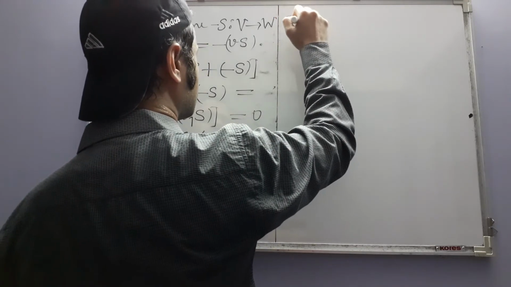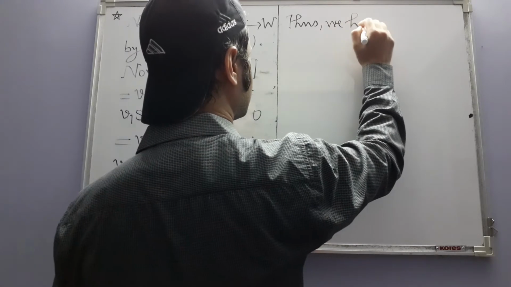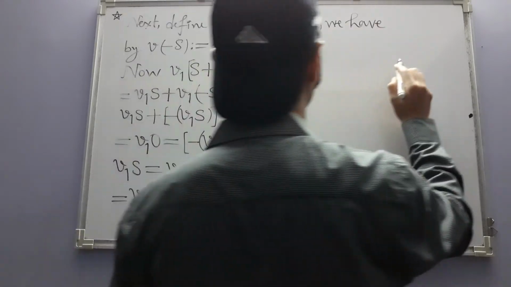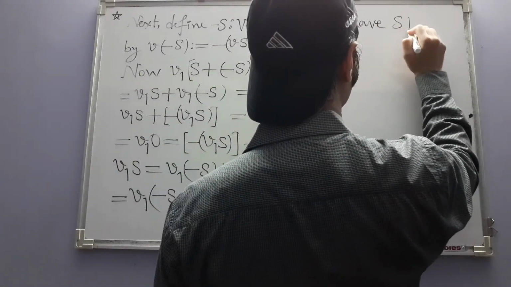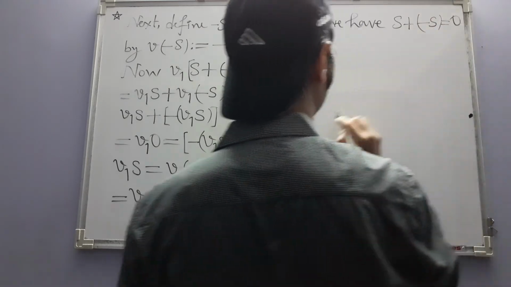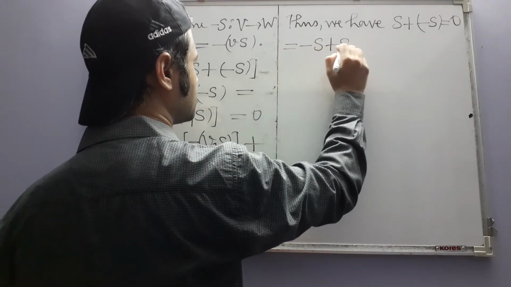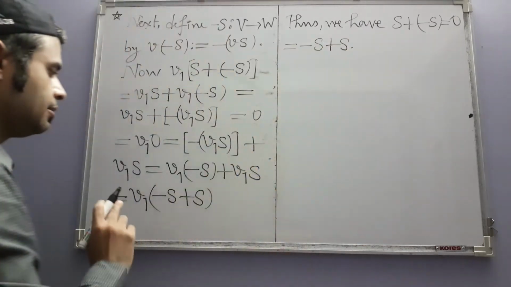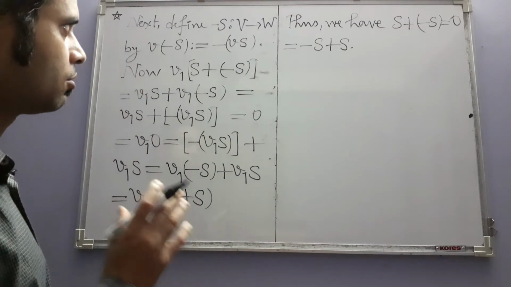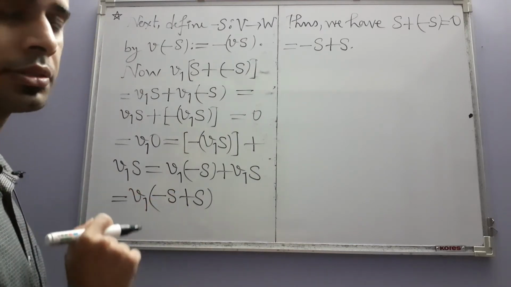Thus, we have s plus minus s equal to 0 equal to minus s plus s. So any element s in the hom set has an inverse minus s.